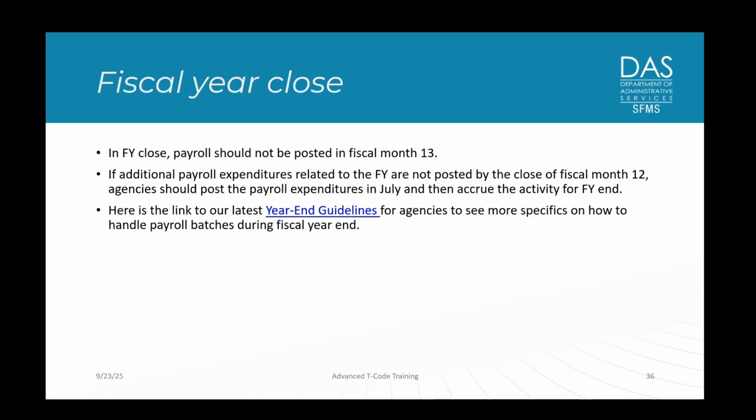If additional payroll expenditure related to the fiscal year is not posted by the close of fiscal month 12, agencies should post the payroll expenditure in July of the current FY. Here we have a link to our year-end guideline. Please tag it in your calendar and review it for the next year-end close.